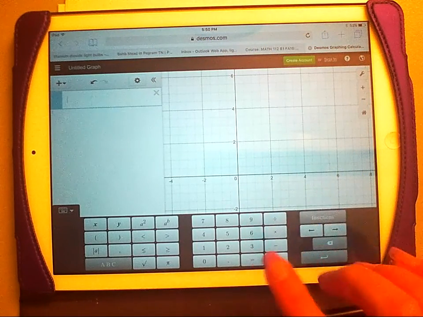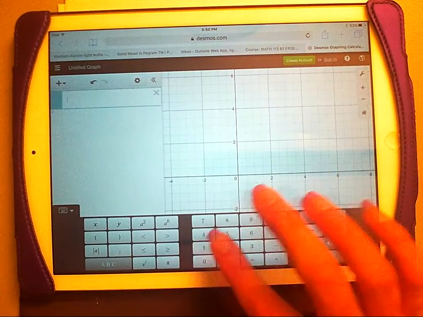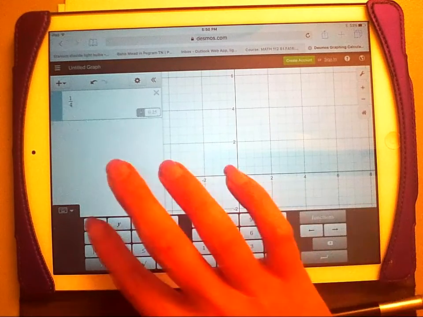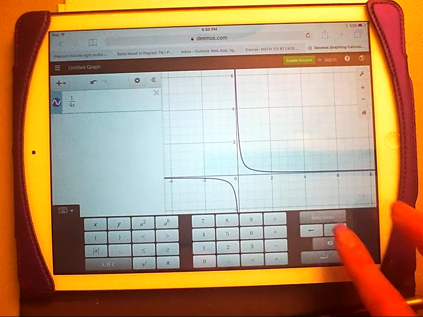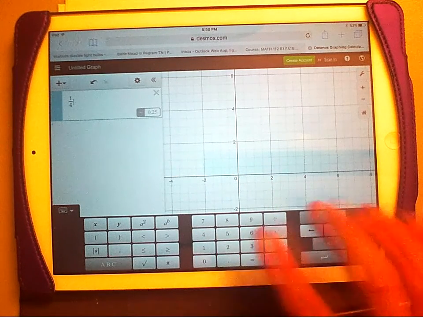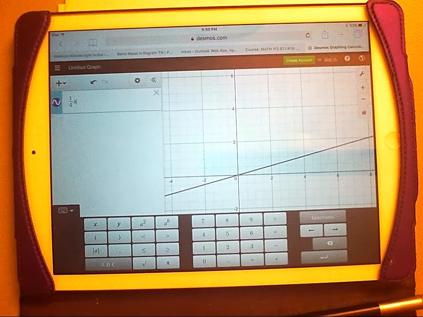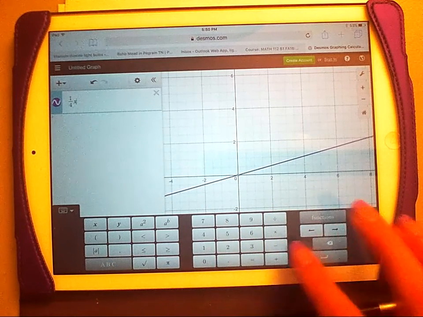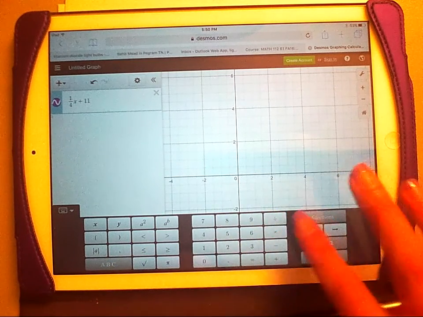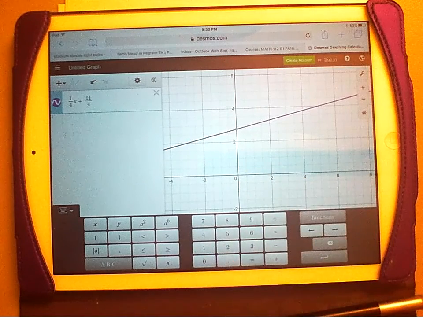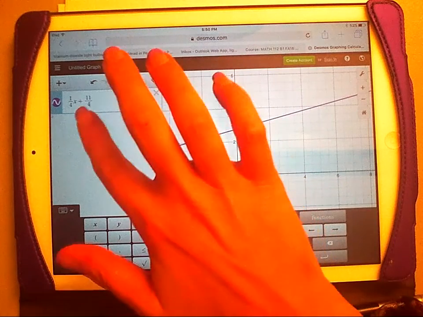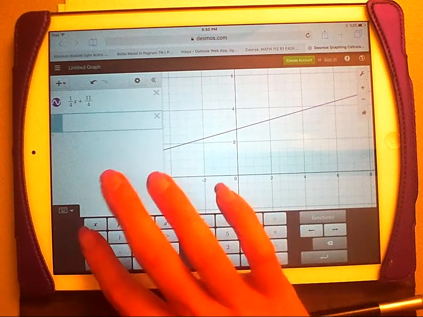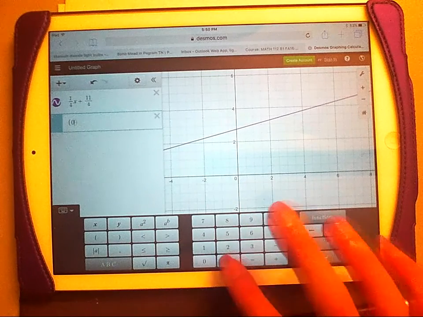Okay, so the line we were given is 1/4 x. No, don't put the x there. Make sure it's up top. 1/4 x plus 11/4. Okay, so there's our line. We'll put in the origin, even though we know where that's at.